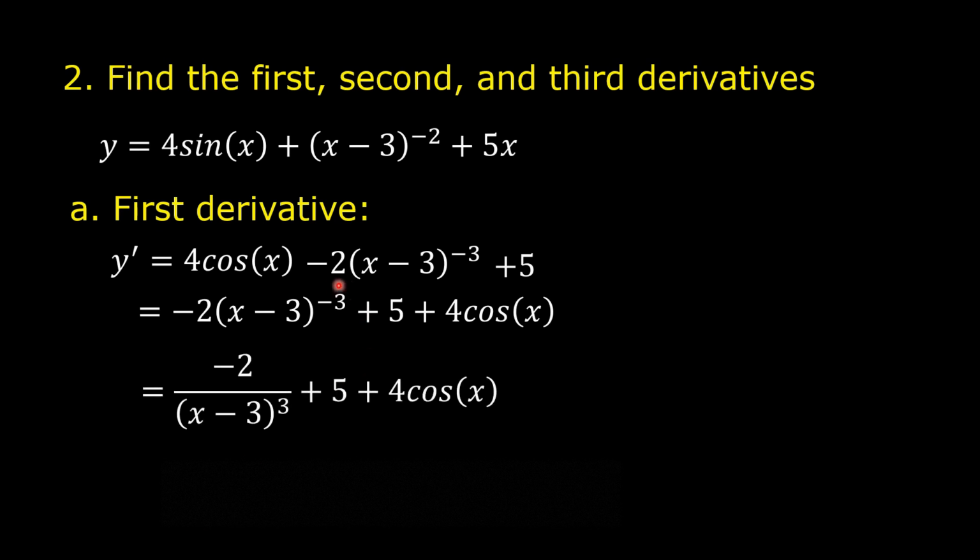And we can make this exponent positive by bringing this down the line of division. So we get negative 2 over the quantity x minus 3 raised to 3 plus 5 plus 4 cosine of x.